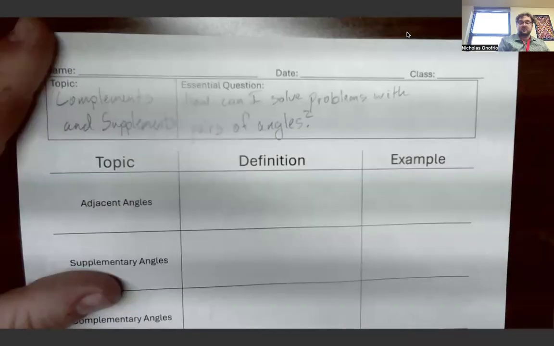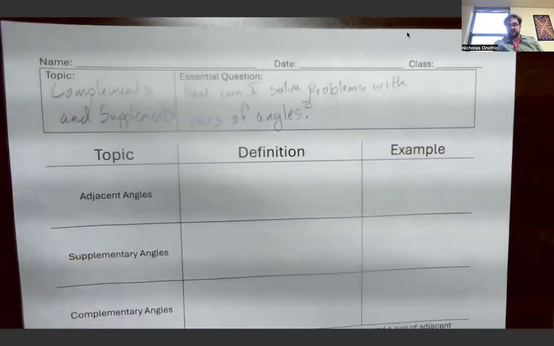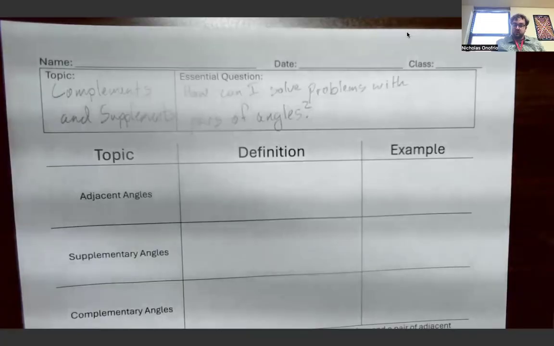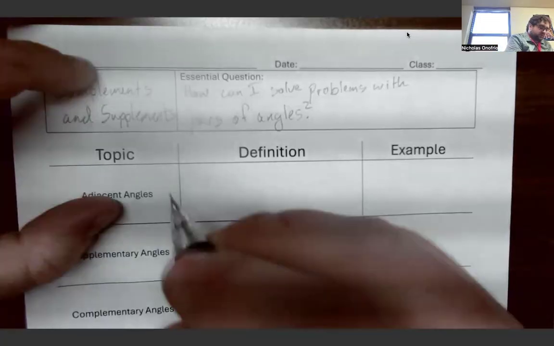All right. So we are going to start by reviewing some definitions. The first definition we're going to talk about today is adjacent angles. Now, you may remember this from last week, so yay for you if you do. If you don't, that's okay. That's why we're going to go over it.